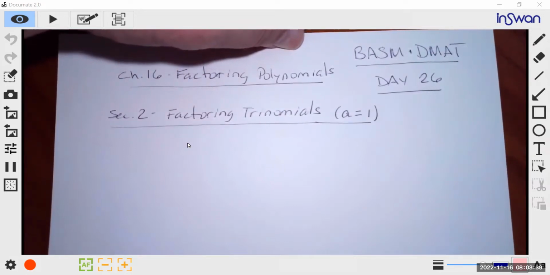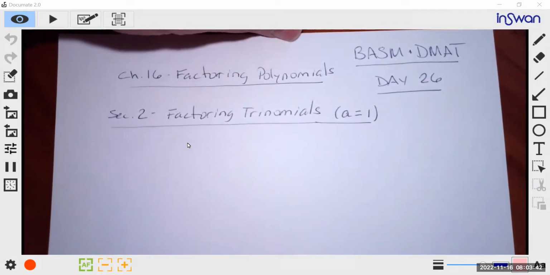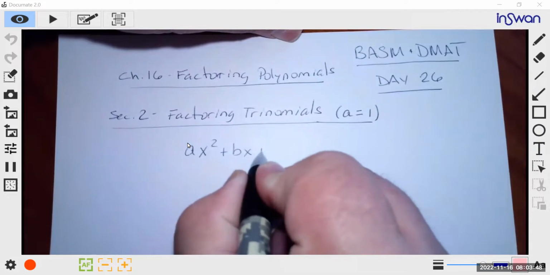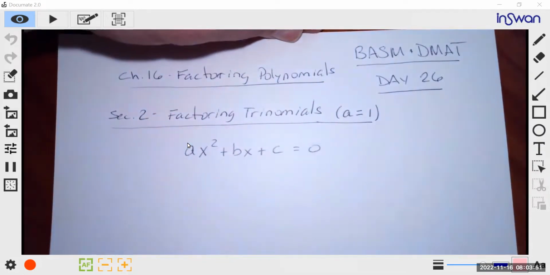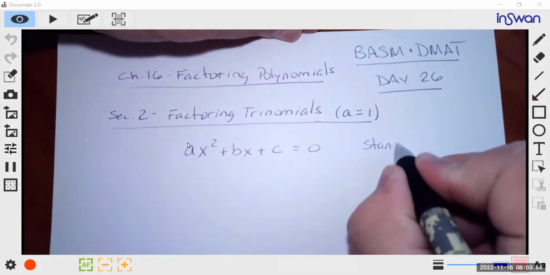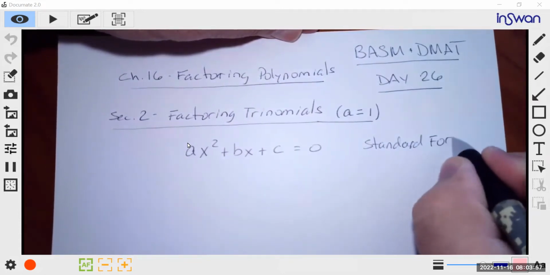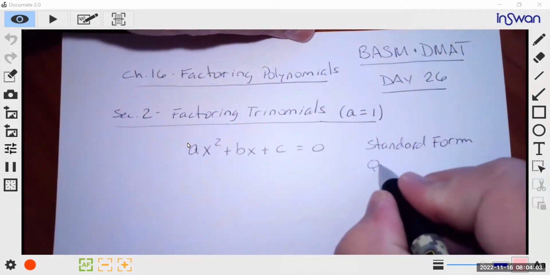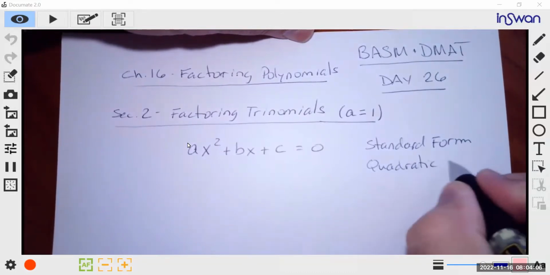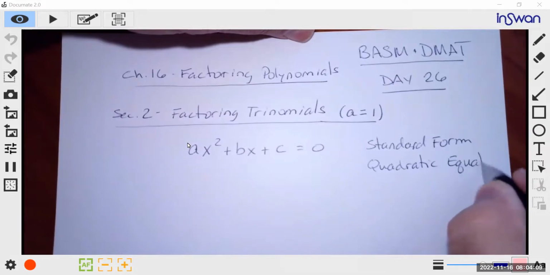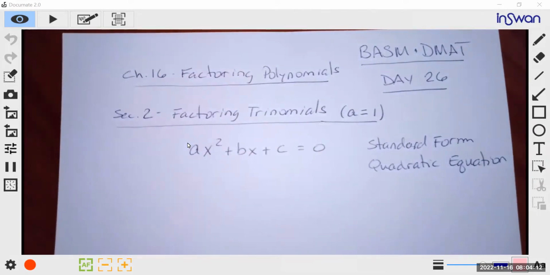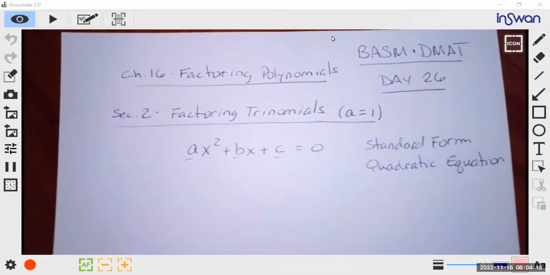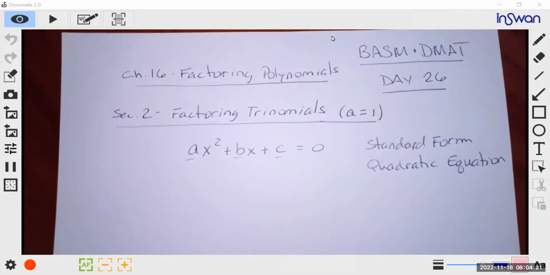What does that mean? Remember, a polynomial has this form. That's called the standard form of a quadratic equation, where A, B, and C are simply the coefficients, the numbers in front of the x's, and the constant.